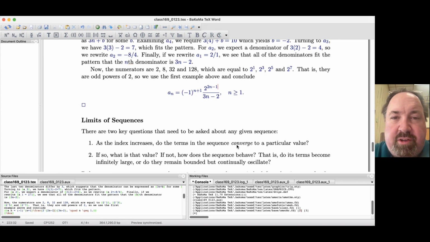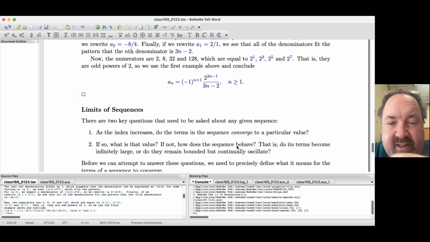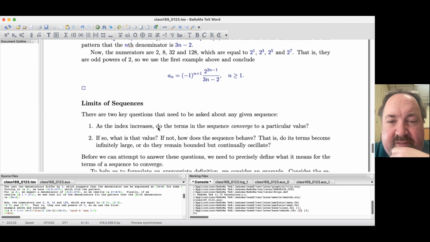For instance, the terms of the sequence could go up to plus or minus infinity. Or they could be oscillating back and forth between two values. For instance, -1 to the n is a sequence that does not converge because the values keep bouncing back and forth between -1 and 1. So if the sequence does anything other than converging to a specific value, we say the sequence diverges.